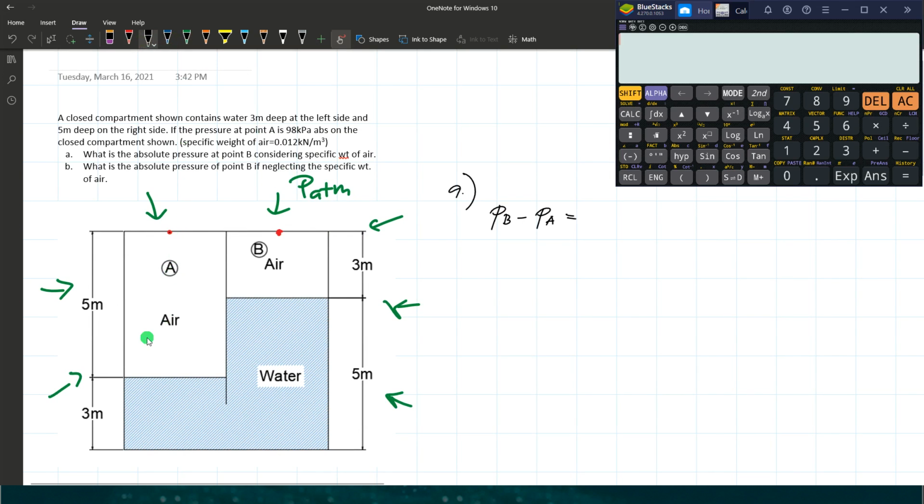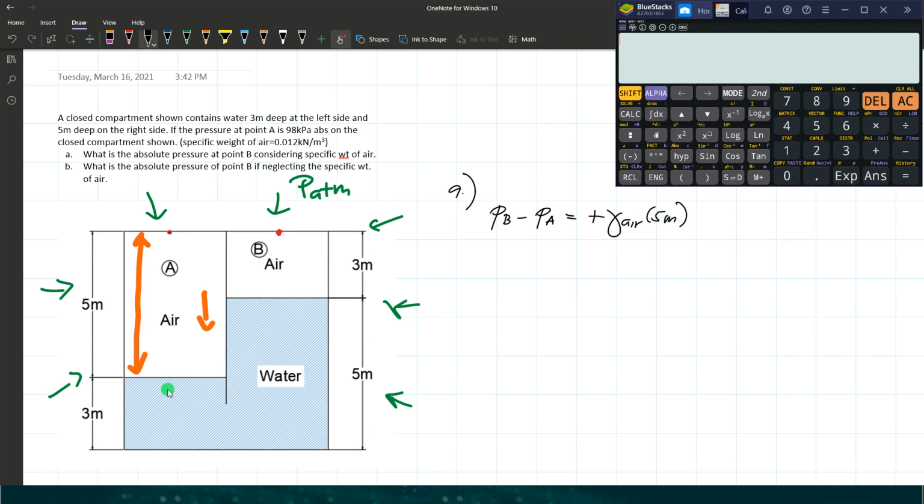From the top to the surface of water on the left side, we have a distance of 5 meters, going downward, so it is positive. So we have positive unit weight of air multiplied by its height, 5 meters.